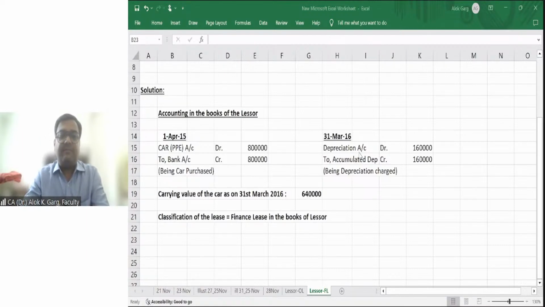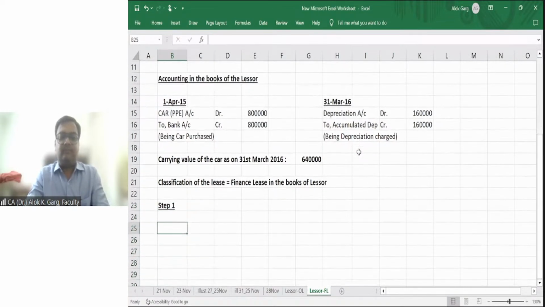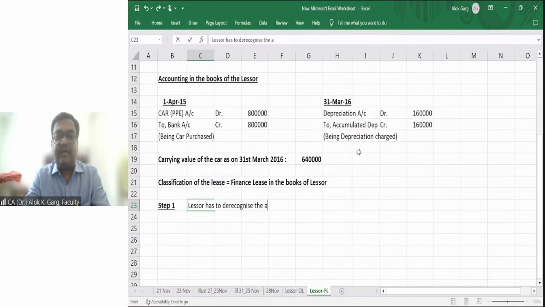Step number 1. Lessor has to de-recognize the asset.